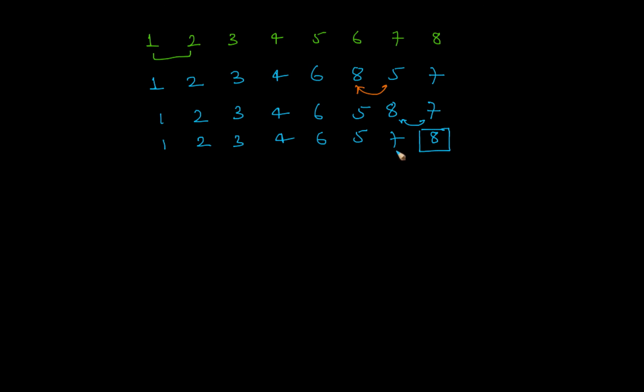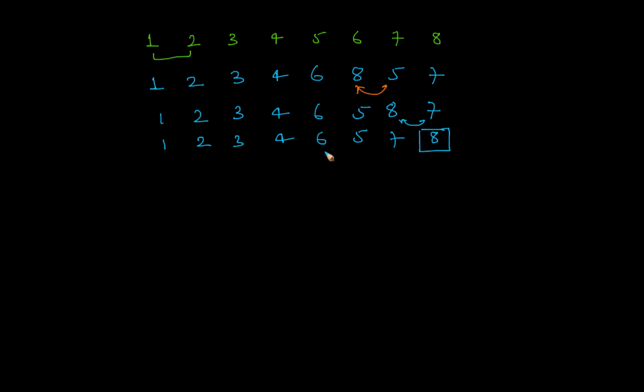Now for the rest of the elements we have to do the same thing again. That is how it works, right? So for the rest of the elements, let's try to do it one more time. Here we see that 1 is smaller than 2, smaller than 3, smaller than 4, it is okay. 4 is smaller than 6, okay. The problem is at the place of 6 and 5.